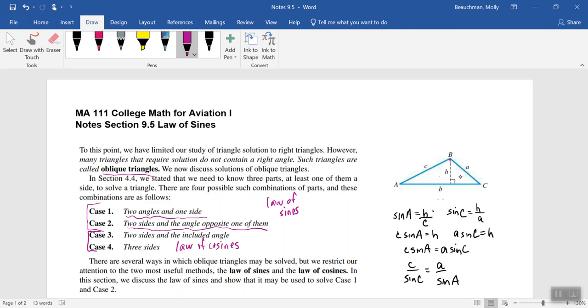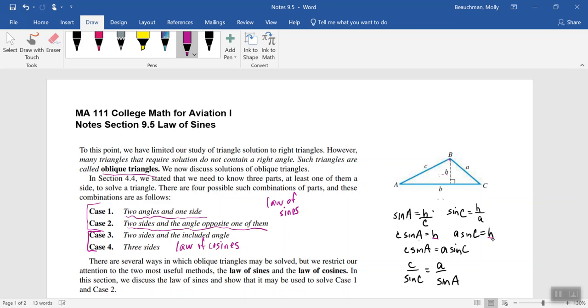Then I can write the sine of angle A is equal to the opposite side h over the hypotenuse c. The sine of angle C in the other triangle is equal to the opposite h over a. I want to solve both of these equations for h, the height. Height equals c times the sine of A. Height equals a times the sine of C.